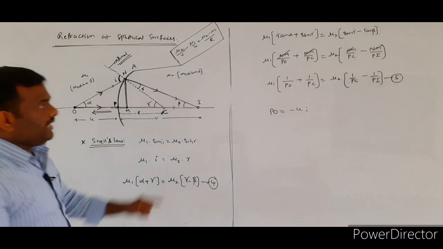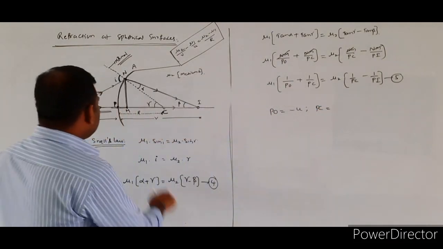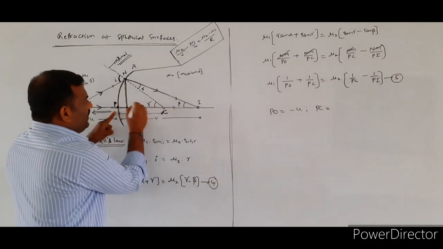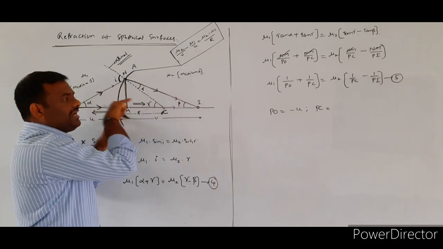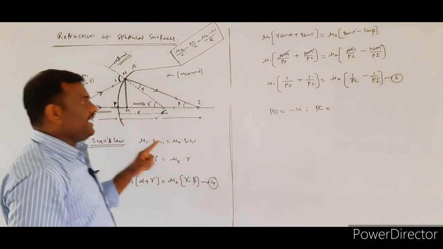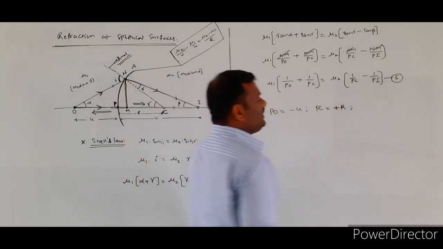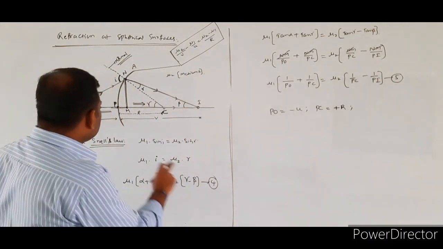Next, coming to PC. PC is the distance of separation from the pole to the center of curvature. This distance is measured in the direction of the incident light rays, so the PC value is equal to plus R. Next, PI.